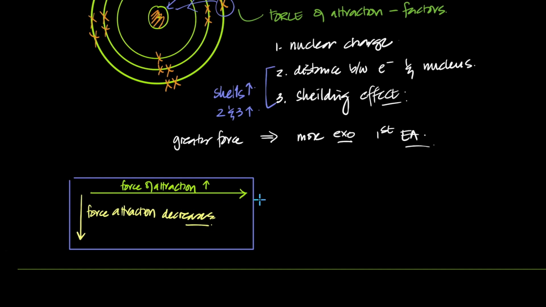And now we are learning that across a period, first electron affinity would also increase, will become more exothermic. And down a group, first electron affinity will become less exothermic, because even though nuclear charge increases, the distance between the electron and the nucleus increases and shielding effect increases. Both decrease the force of attraction.